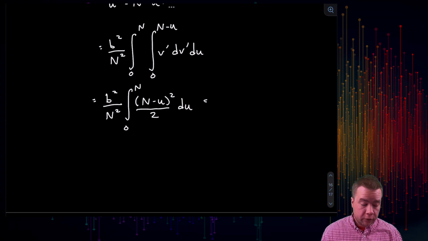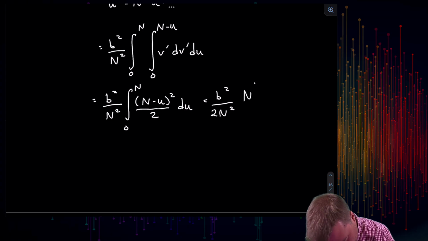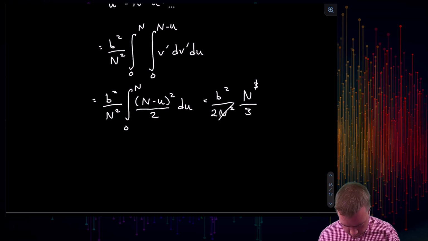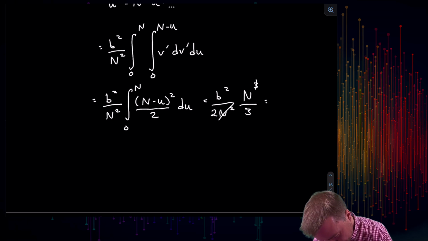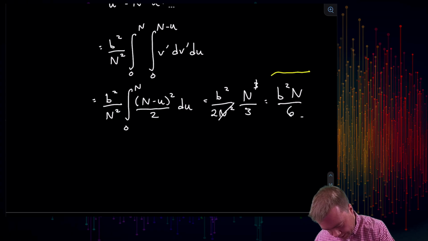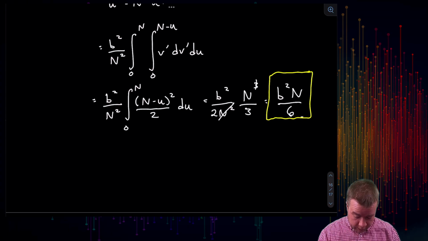Okay, and so we can do this integral, and what we end up with is then b squared over 2n squared times n cubed over 3. And we can see what cancels, right? N squared canceled out there. We get 6 in the denominator, so we get b squared n divided by 6. I'll tell you right now, this is super important. This is one of those things that you should keep up here because you use it so much.